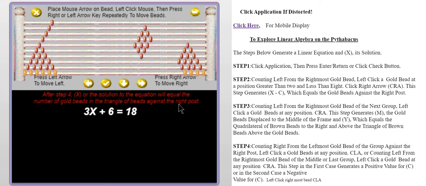So, to solve for x in the equation 3x plus 6, I will first right-click the rightmost gold bead.